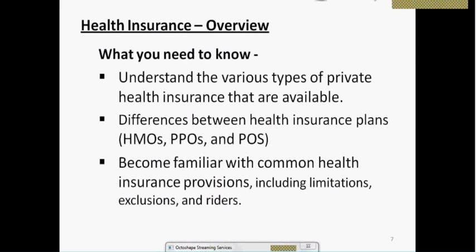We will study a little bit about these HMOs, PPOs, and POS, and try to become familiar with them, right? When we are studying these different plans, we will also see what provisions they offer, so that you have a better understanding of them.